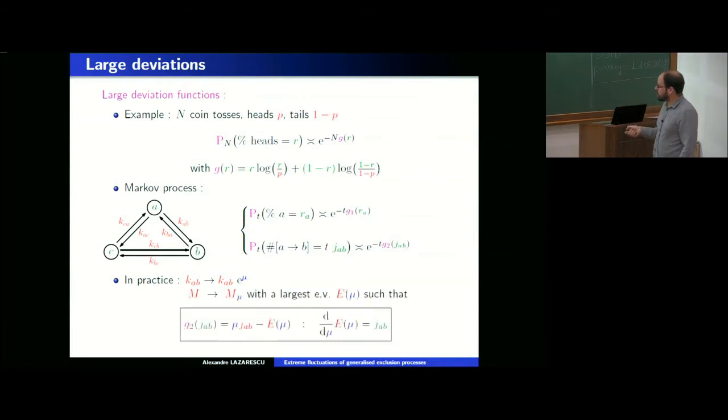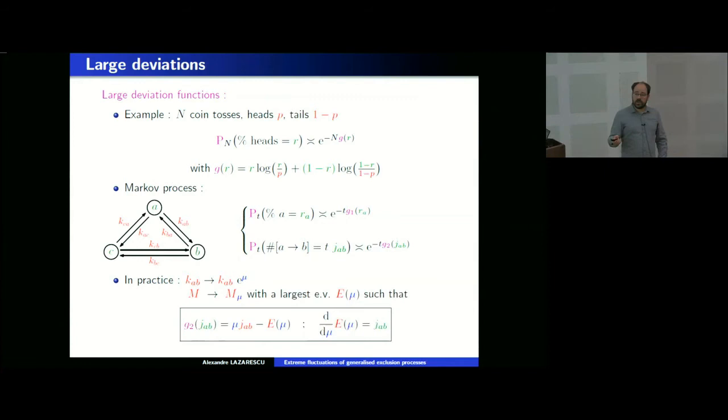And it's a very famous result that if you look at the largest eigenvalue of that biased Markov matrix, then that largest eigenvalue is the generating function of cumulants of the observable that I'm looking at, and it's related to the large deviation function of that same thing through a Legendre transform. Here I'm talking about discrete spaces with a finite number of states, so there's no concavity issue. The Legendre transform will always be valid.